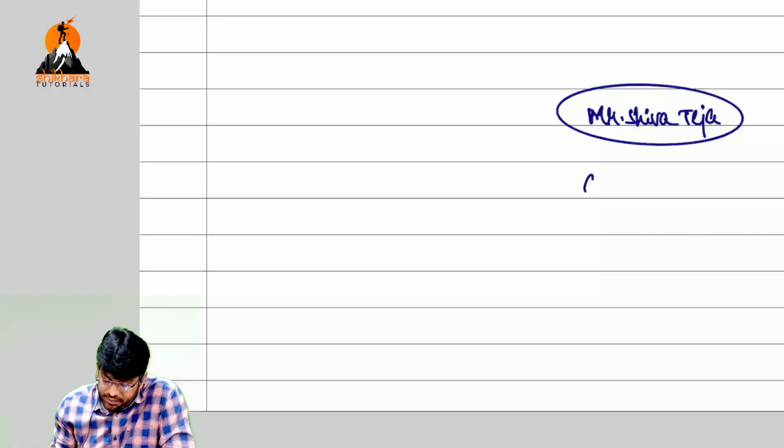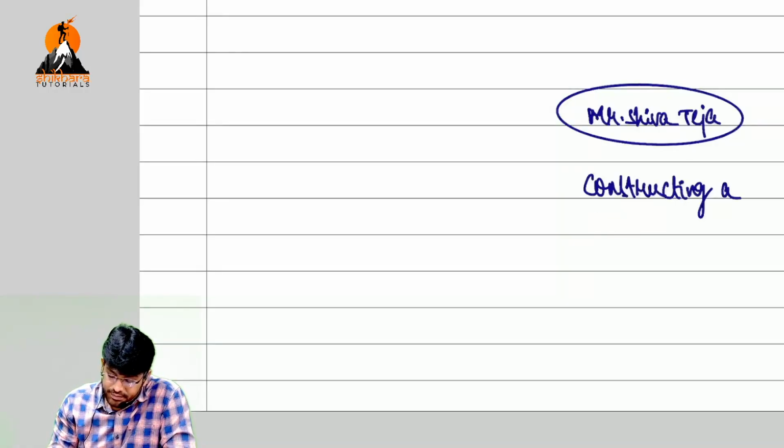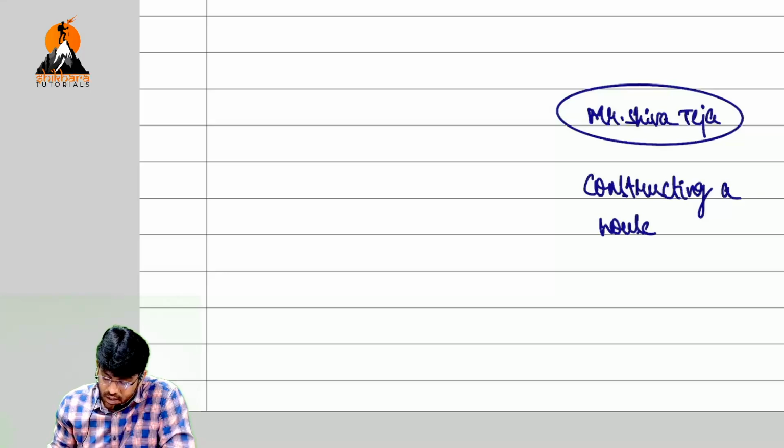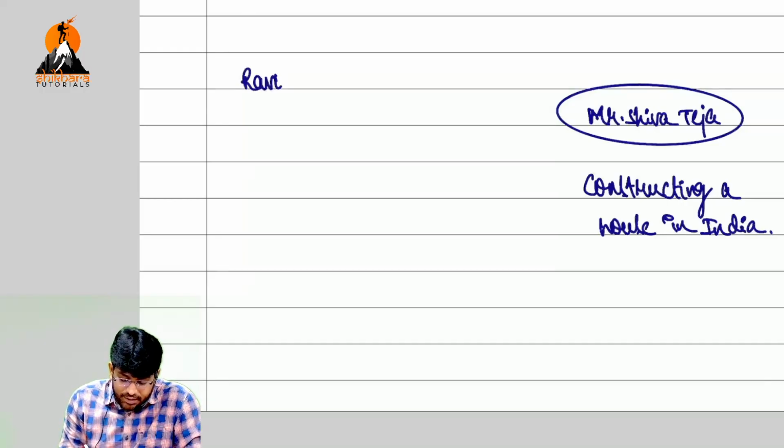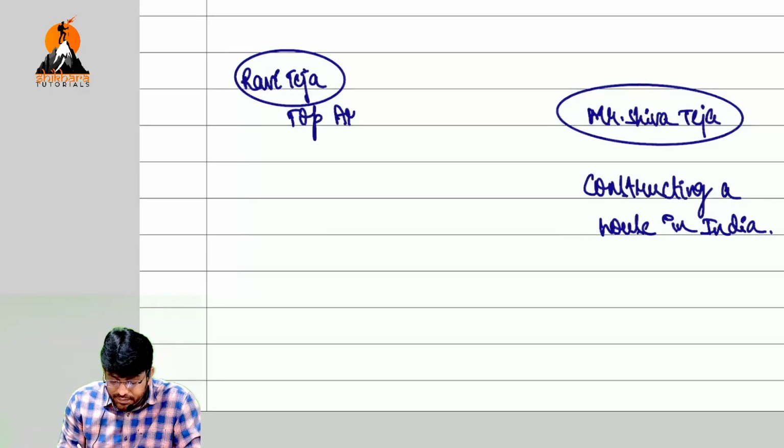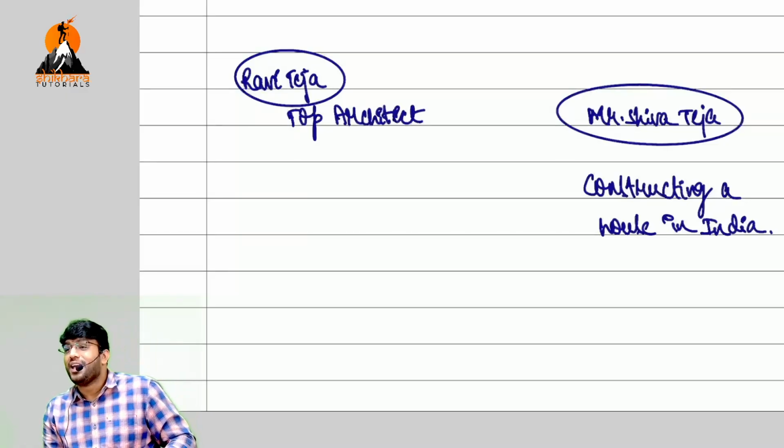What I'm doing is, I'm constructing a house in India. I repeat one more time. I'm constructing a house in India. And one of my brother, Ravi Teja, he is one top, very good, top architect.